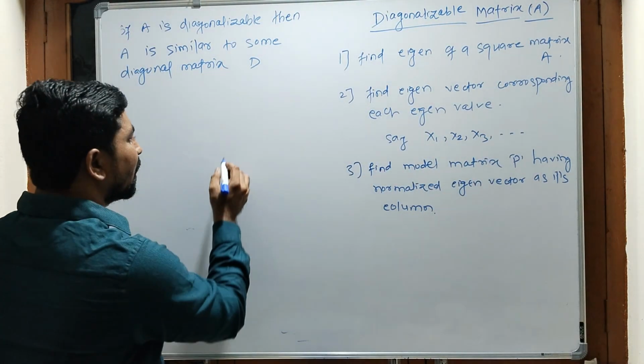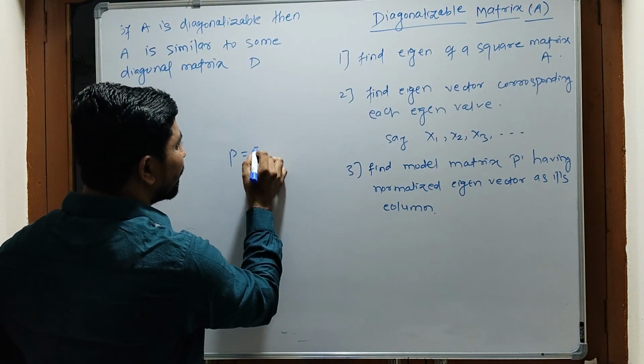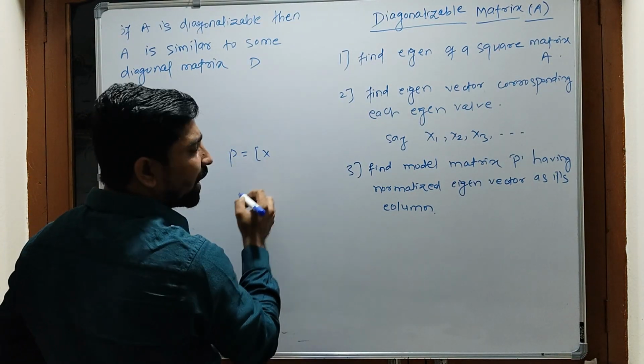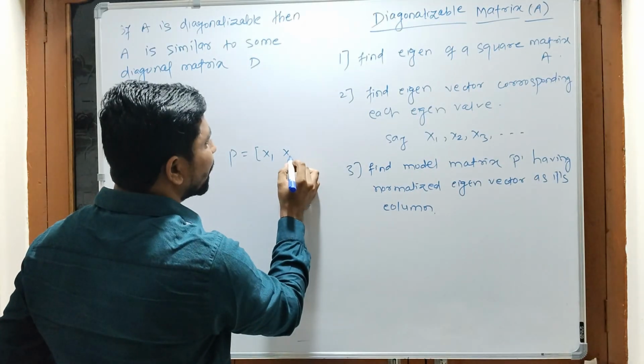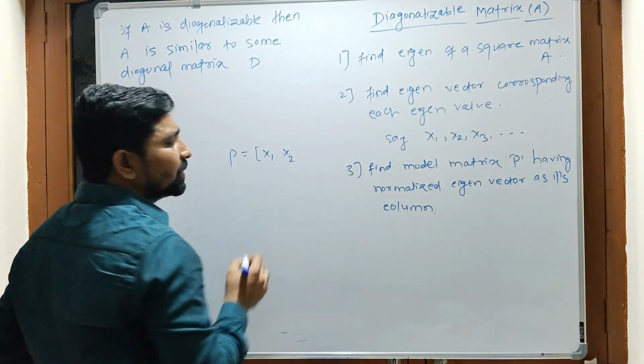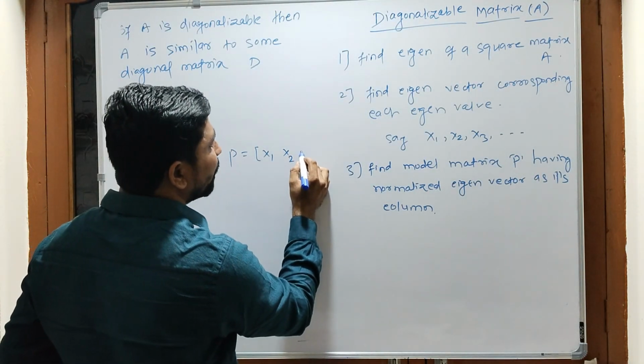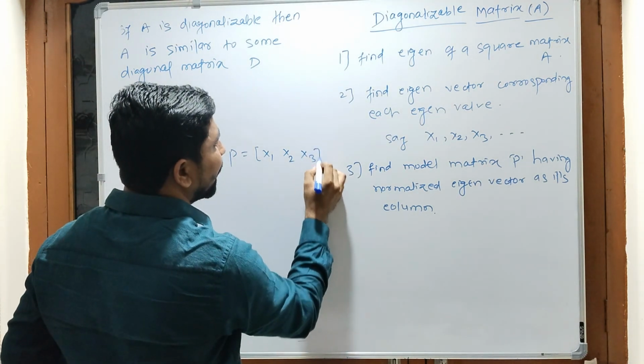Just now we have discussed the modal matrix P. Here the first column of your modal matrix is eigenvector x1, the second column is the second eigenvector, and the third column of modal matrix P is the third eigenvector.